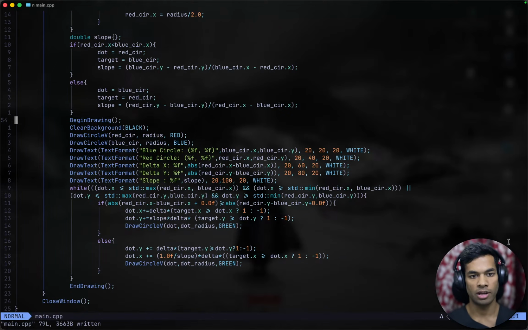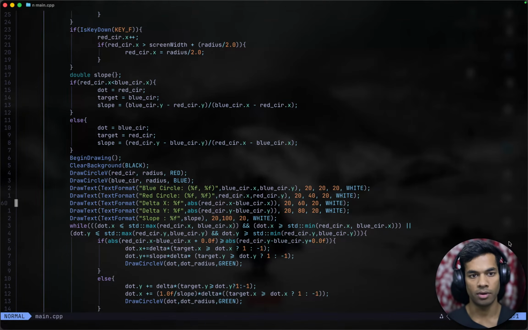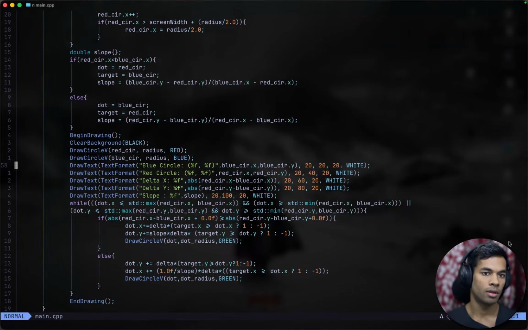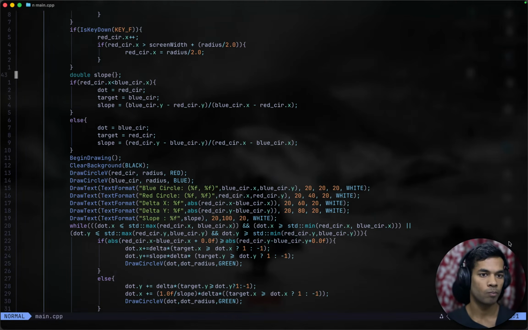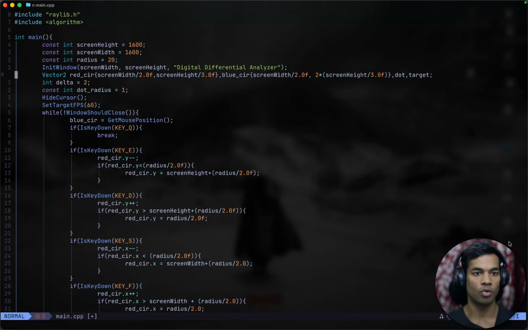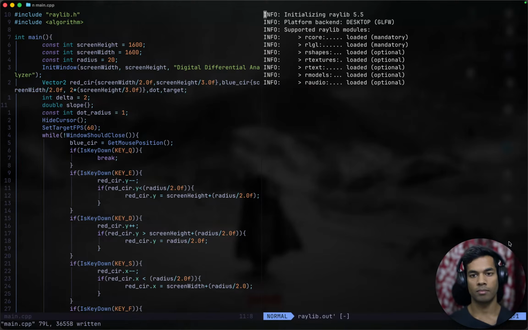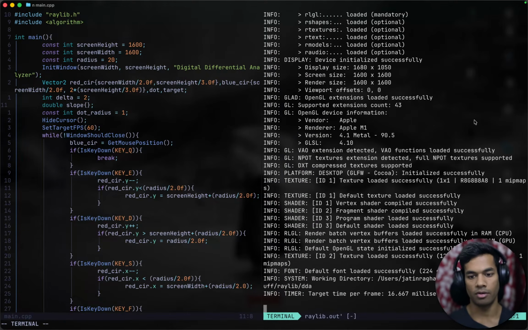But we are initializing target and slope right here before ever running this function. Yeah, we are not seeing anything.